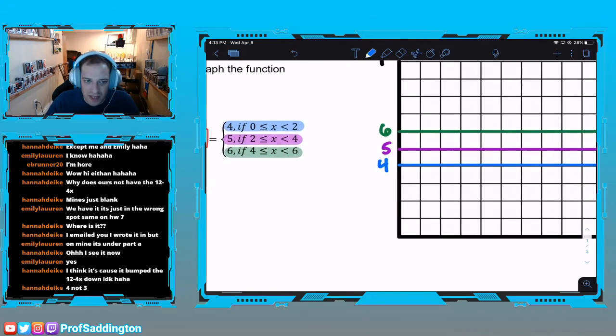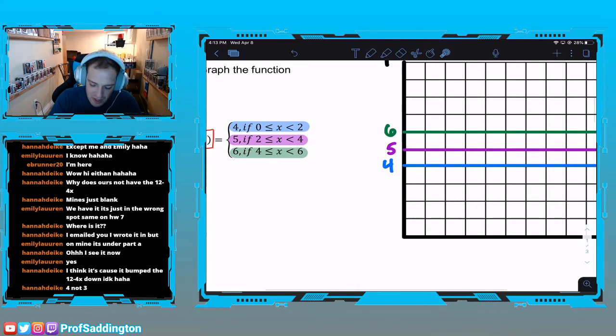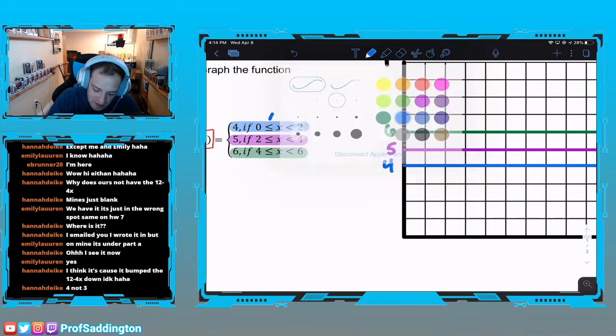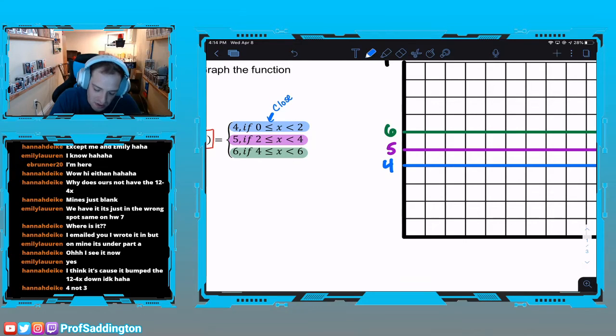So anyways, if we look at the first part up here, it says that the answer's 4 if 0 is less than or equal to x and x is less than 2. So on my line, it says 0 is less than or equal to x. This portion right here, I got to do it a little bit smaller now so you guys can see my writing. This part right here just means it is a closed circle.